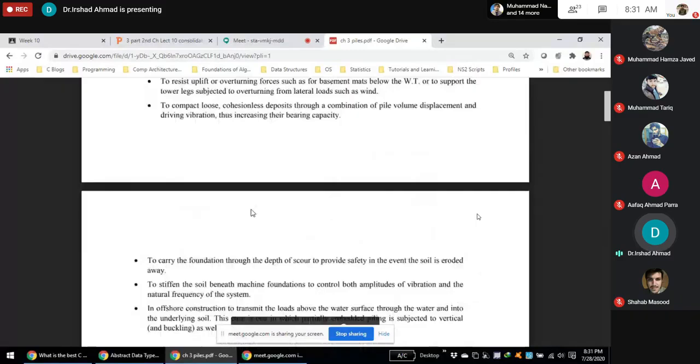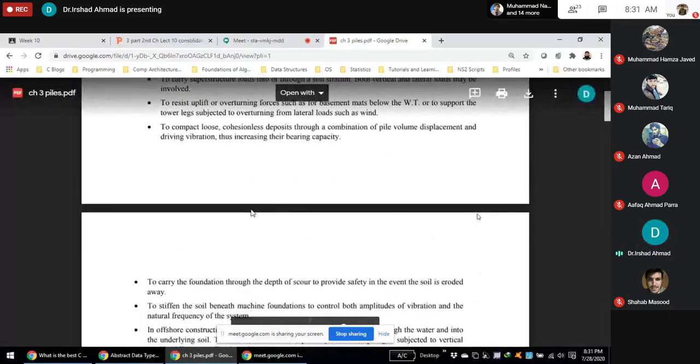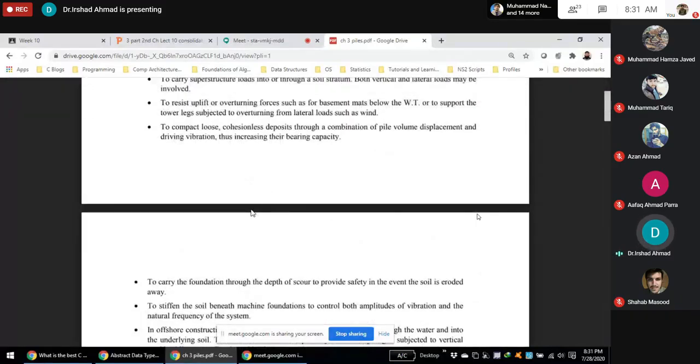Here also, where there are basements, deep basements or the water table is high, so when there are deep basements below the water table, the water has the effect of uplifting. They would try to uplift the building and destabilize it. If the weight of the structure is huge, then there is no problem.